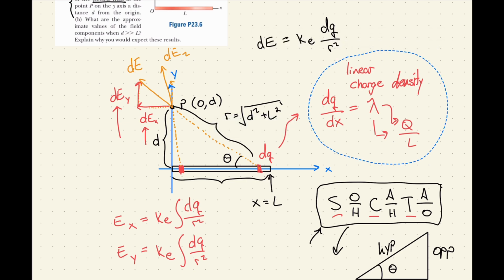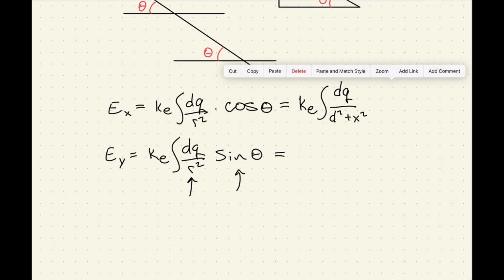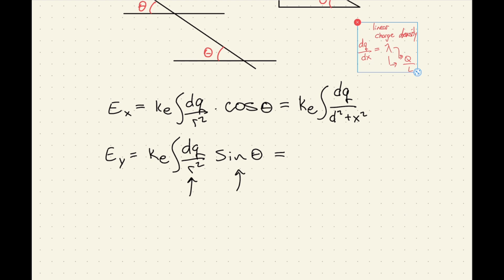I'll copy that so you can see the linear charge density is going to be brought into play over here. And you can see how we changed this little L over here into an X, or technically a little dx. A small part of the charge divided by a small part of the wire will give me the linear charge density.